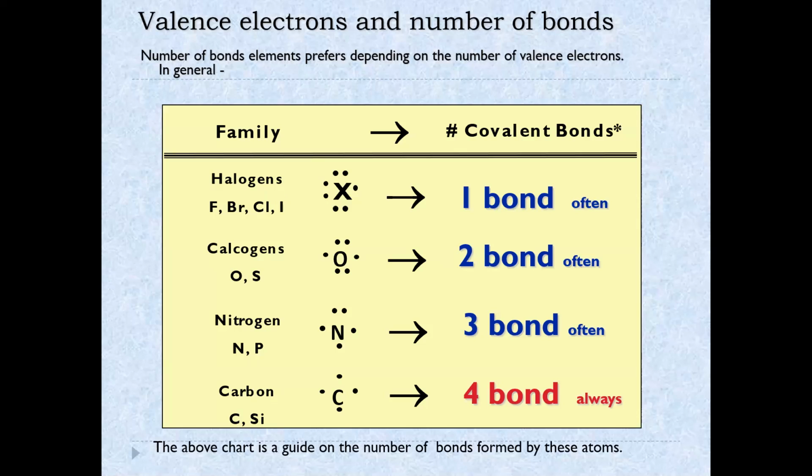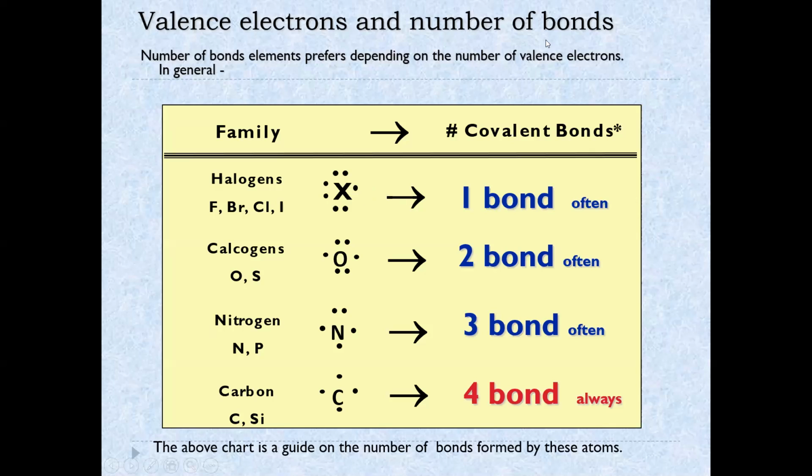So in sharing, anytime you want to form a bond with any of these, you can only form one bond. Why is this so? Because it's only one electron they need to form an octet. So this one can now be shared by any other atom.